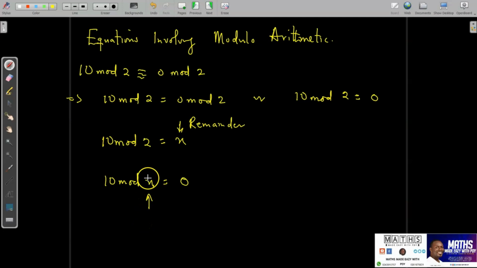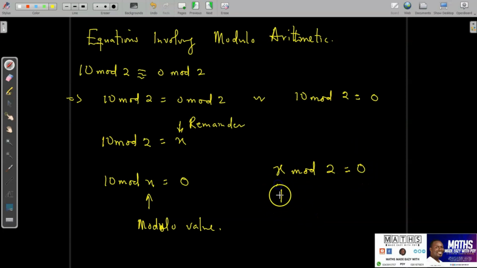So in equations involving modular arithmetic, you may be asked to find the mode, or the modulo value. Then finally, x can also assume the number. So you have x mod 2 is equal to 0.